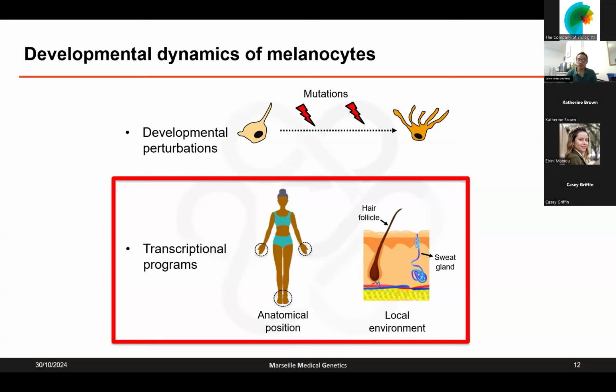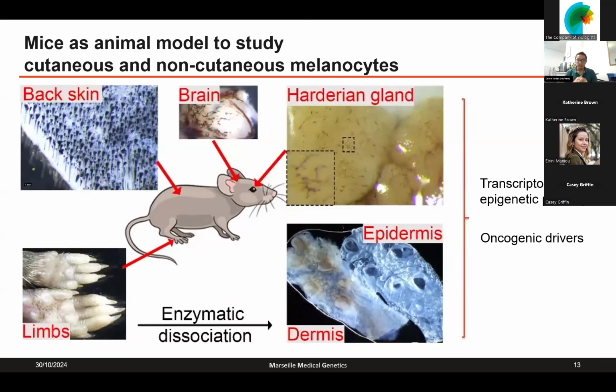As I just mentioned, this really has a tremendous implication for our understanding of melanoma, because now we know that cells that harbor an oncogenic driver will not initiate melanoma if located, for instance, in the body, but will initiate melanoma if located in acral areas, the palms and the soles of the feet, because there is a different environment, a different cellular niche in this area. So next. To do that, we turn to mice.